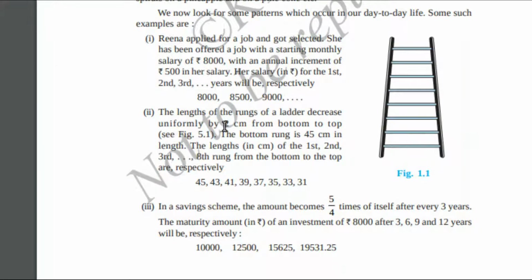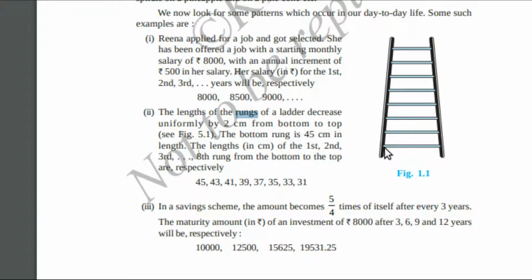And the second example in our day-to-day life is the length of the rungs of a ladder, which decrease uniformly by 2 cm from bottom to top. The meaning of rung is a horizontal bar that is attached to a ladder. Now the bottom rung is 45 cm.